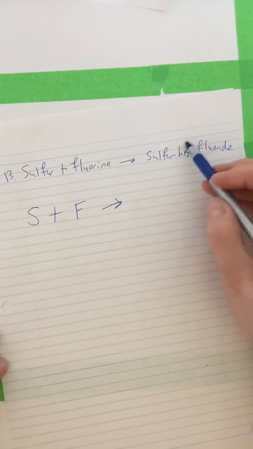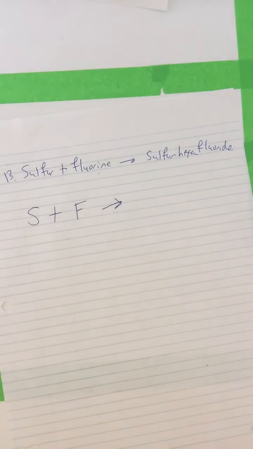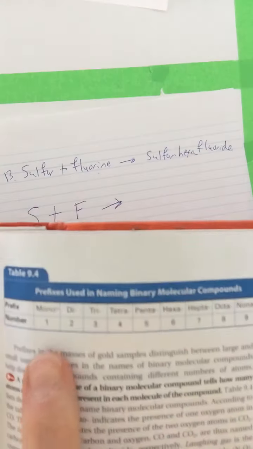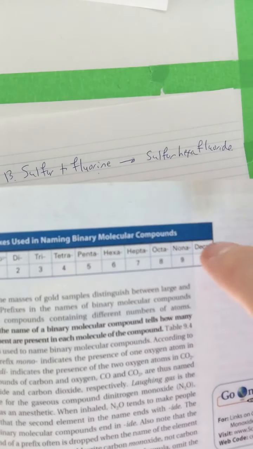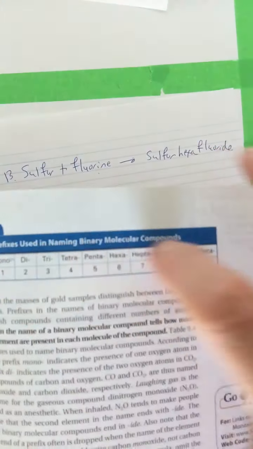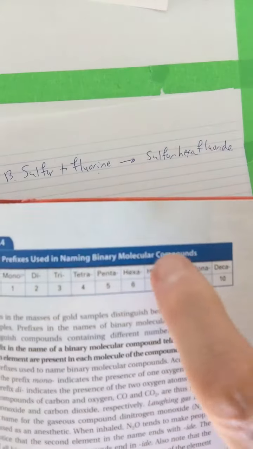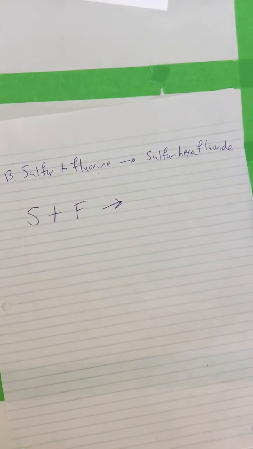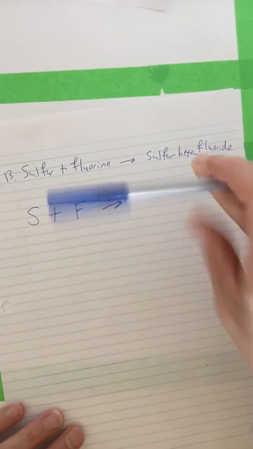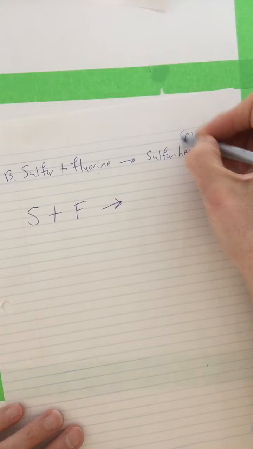Well, this hexafluoride, you guys learned how to do that on page 269. You saw these mono, di, tri, tetra, penta, hexa, hepta, octa, nona, deca. These prefixes, we have to use those. So this is hexa. So hexa is 6.